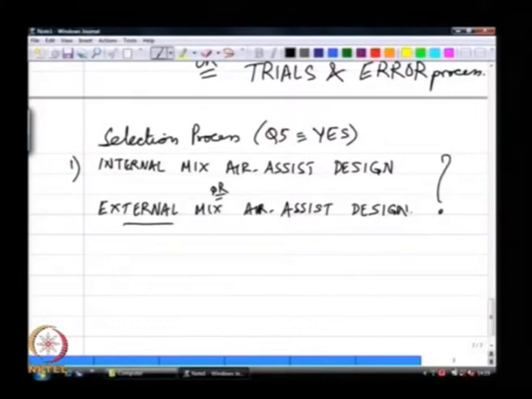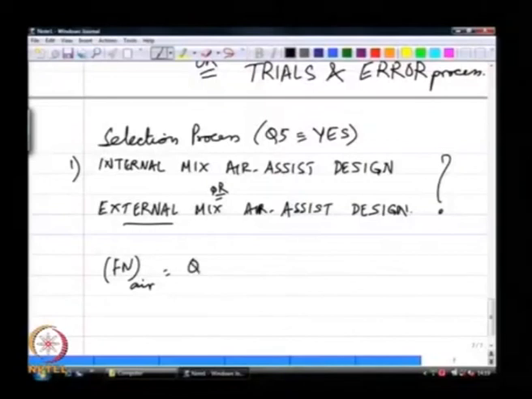Now, once you have narrowed down on the external mix air assist design, the selection catalog usually gives you a flow number for the air side. So, what flow rate of air? The flow number is the air flow rate over the square root of delta P across the air passage.